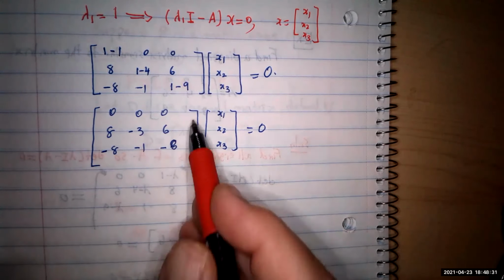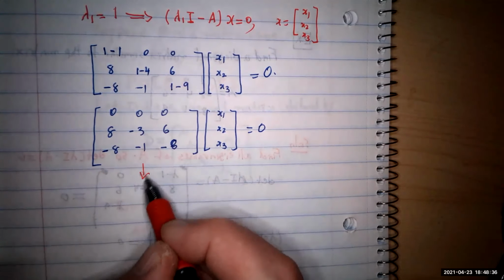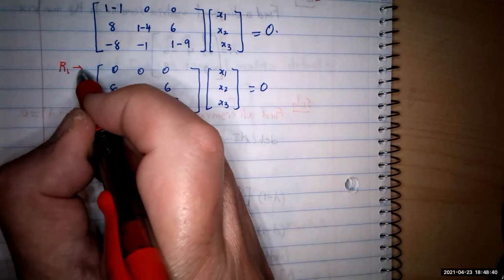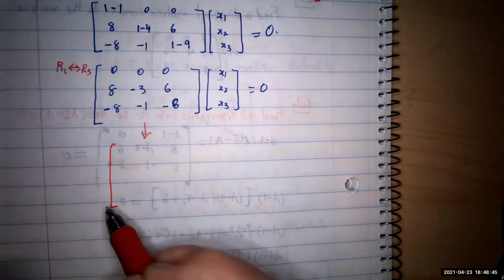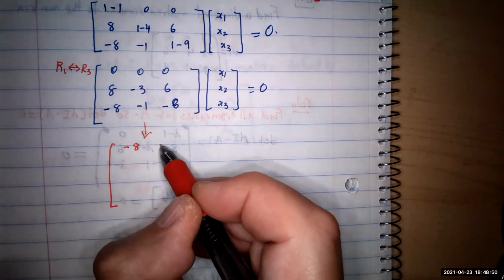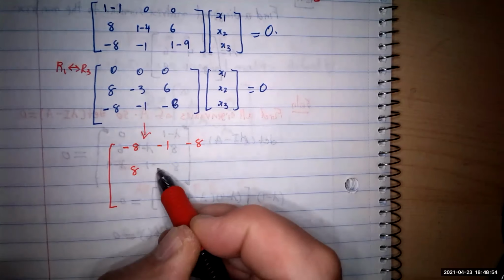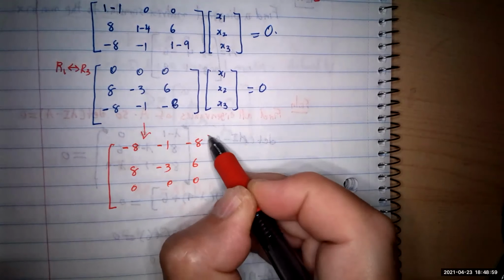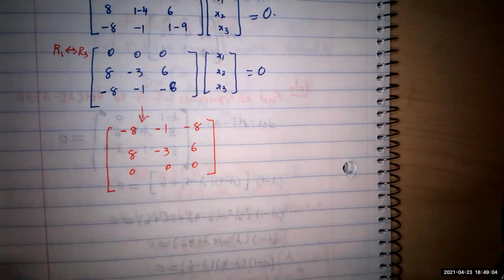I switch R1 and R3. So I start with the negative 8, negative 1, negative 8. Then this is going to be 8, negative 3, 6, and this is going to be 0, 0, 0. Work on this one first, change it to the echelon form, and then go back.